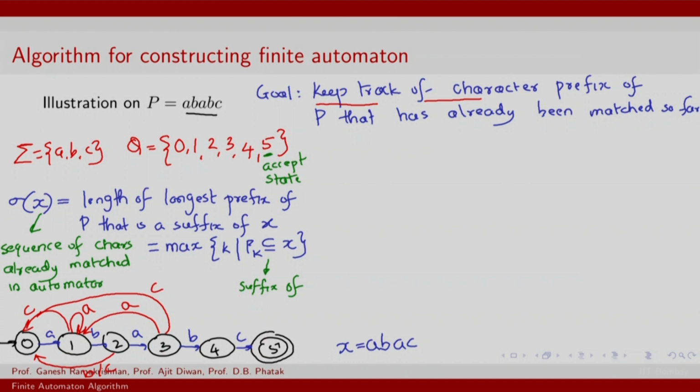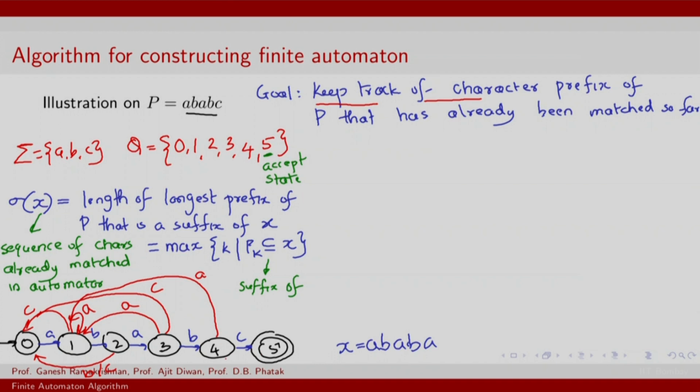We move on to state number 4 to complete the story now. What is the next possible character I see? A C will get me an accept. And with A, the length of the longest prefix of P that is a suffix of this new string is basically 1. So again this will take me back to state number 1.